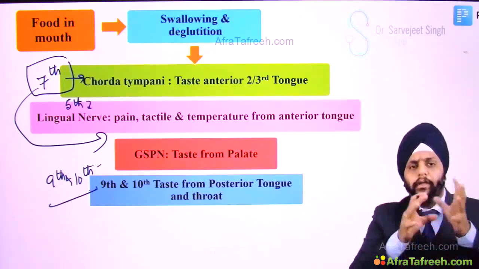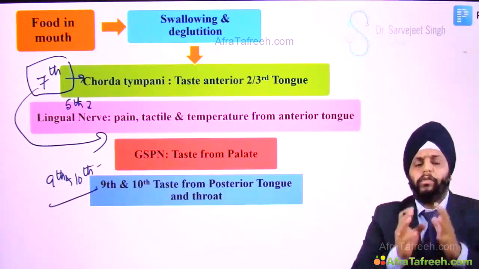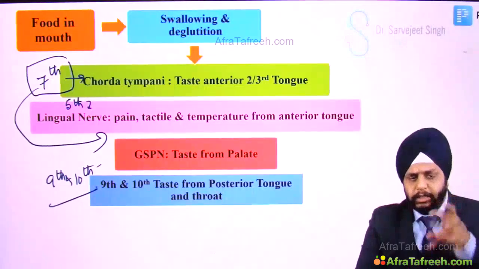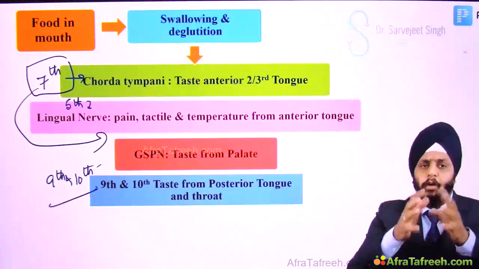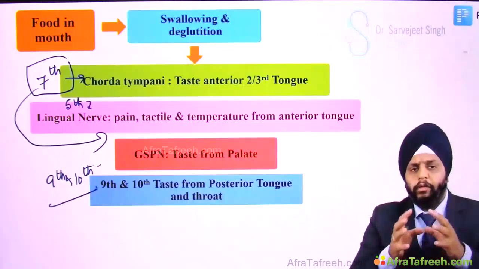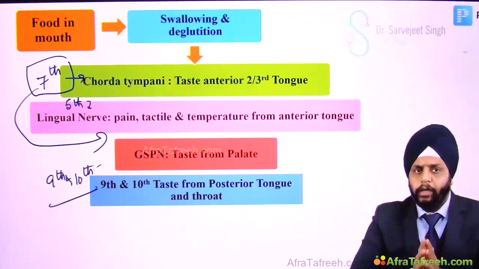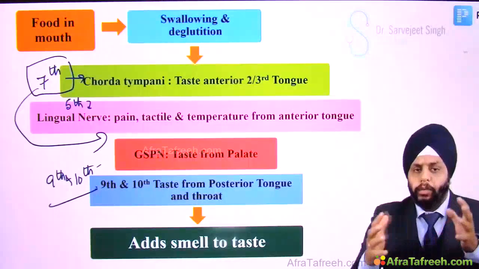All these nerves give a feedback stimulation to this olfactory pathway. So the olfactory pathway that we just discussed is also getting feedback stimulation from all these nerves, and therefore they also stimulate the olfactory cortex, and that is how it adds smell to the taste.